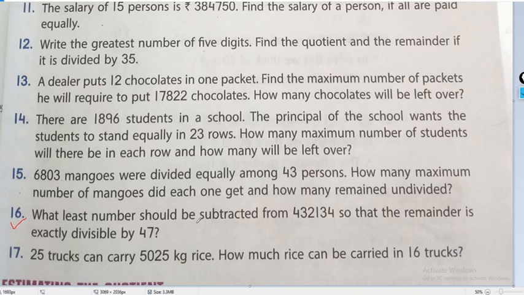Basically beta, what they are doing is dividing a big number by a small number, and if the remainder is coming, then they are saying how can we make that number completely divisible by small number. Okay, let me show you a small simple example.